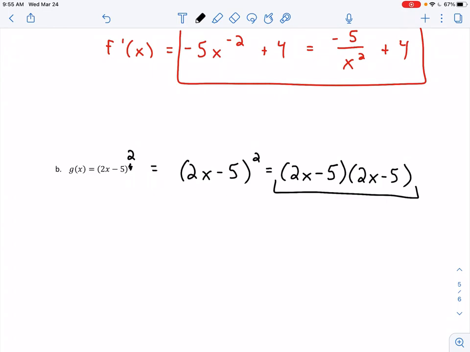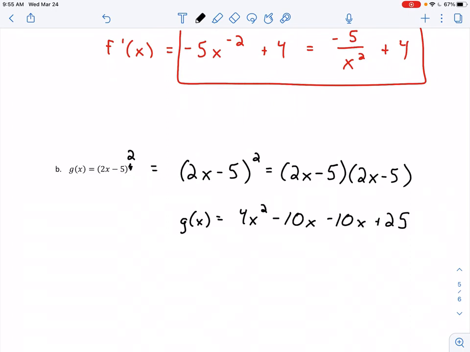I can multiply these two. So g of x is equal to 4x squared minus 10x plus 25, or rather, g of x equals 4x squared minus 20x plus 25.